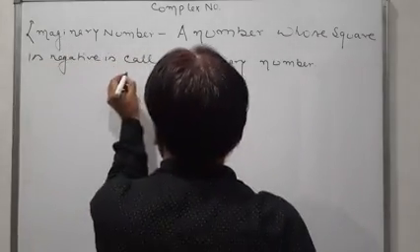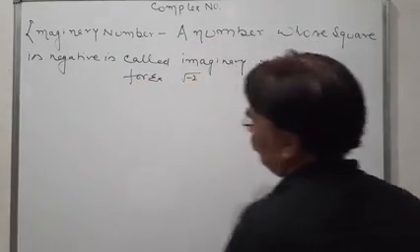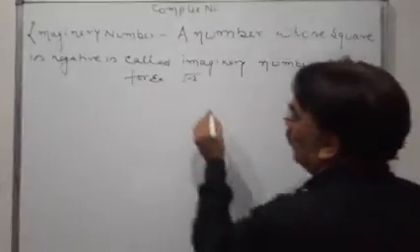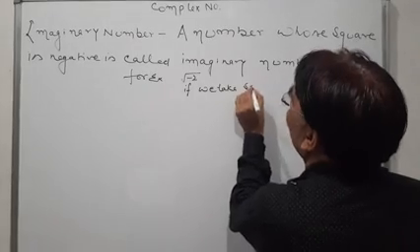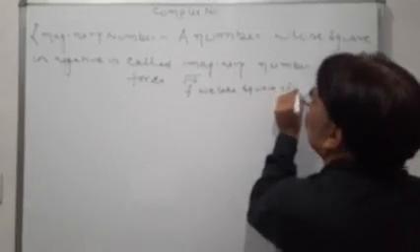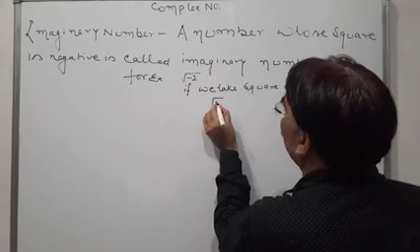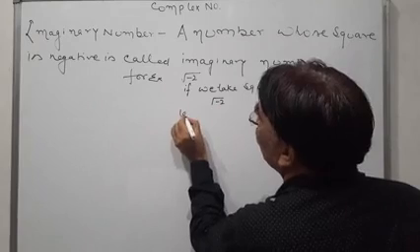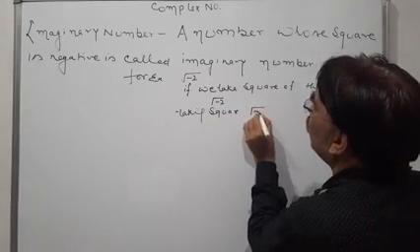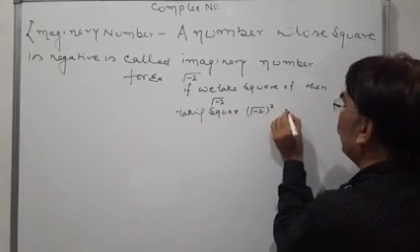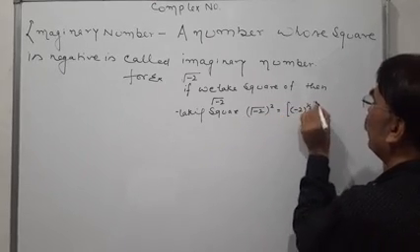For example, under root minus 2. If we take the square of it, then under root minus 2 squared means minus 2 to the power half, all to the power 2.